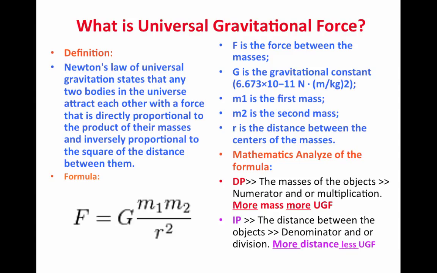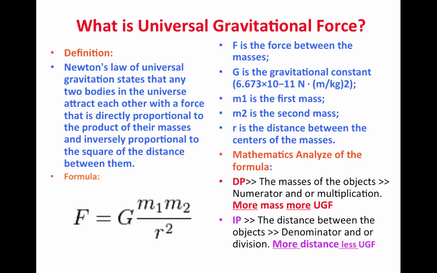What is universal gravitation force? Newton's law of universal gravitation states that any two bodies in the universe attract each other with a force that is directly proportional to the product of their masses and inversely proportional to the square of the distance between them.